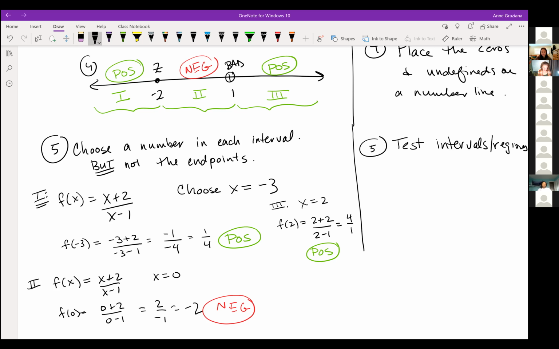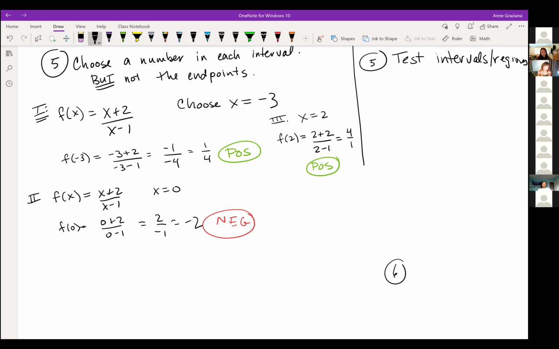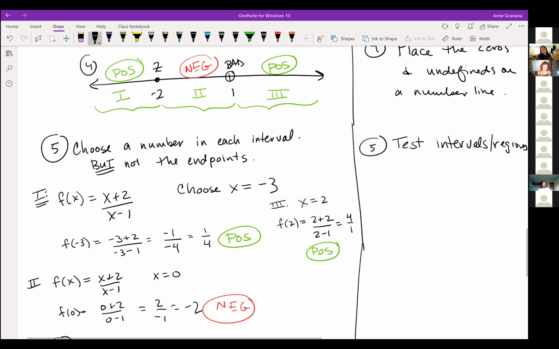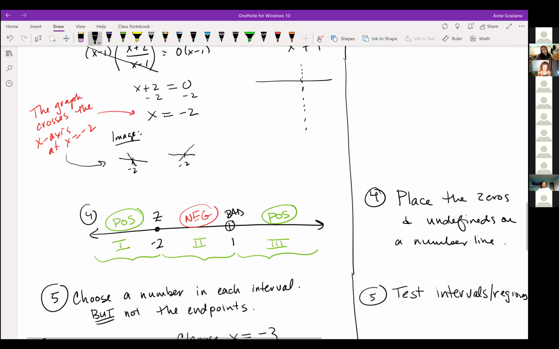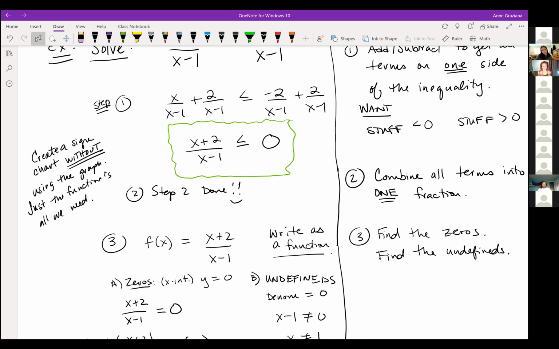All right, so now the last step is to answer the question. You're going to be like, what was I doing again? Remember that inequality I boxed in up here? Yeah, this is my question.